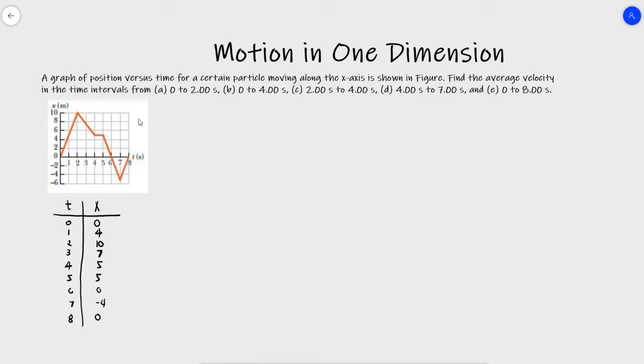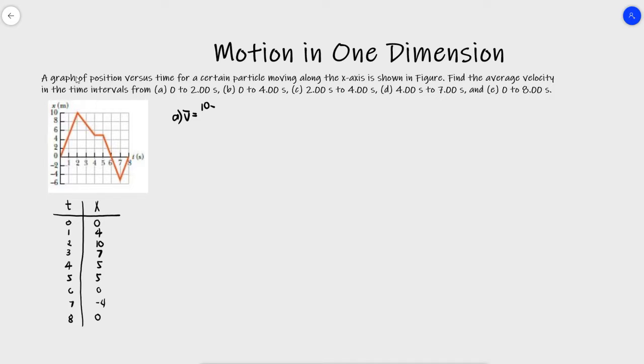Now, to solve for letter A, getting the average velocity, we know the average velocity is the displacement over time. For letter A, the displacement after 2 seconds from the table is equal to 10. How about at t equal to 0?